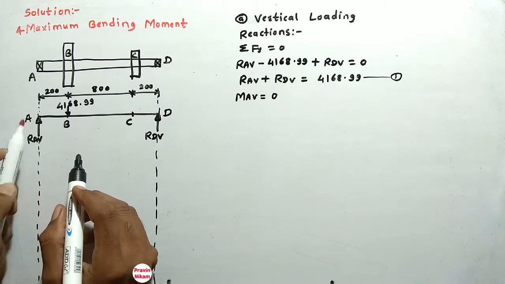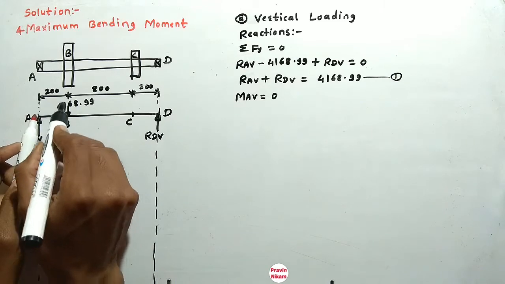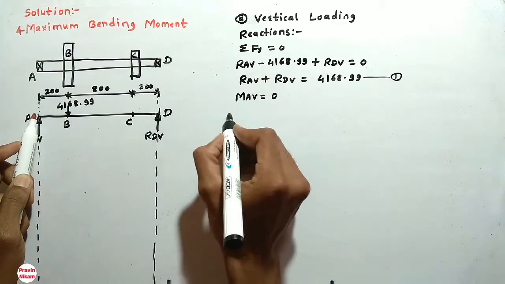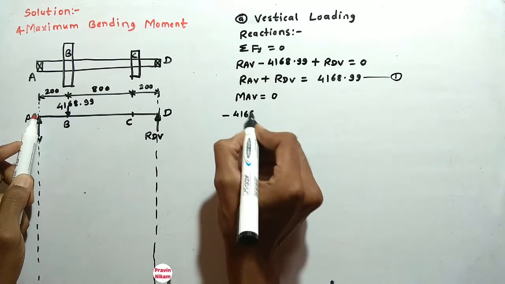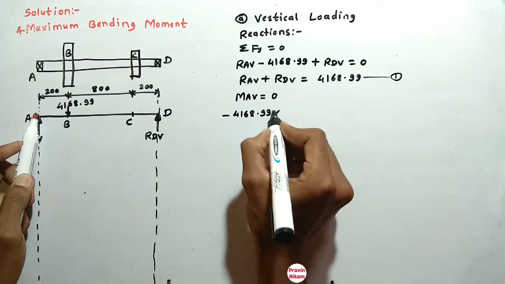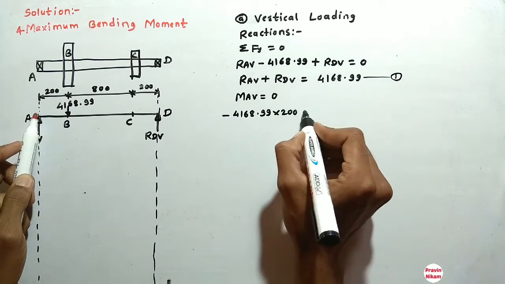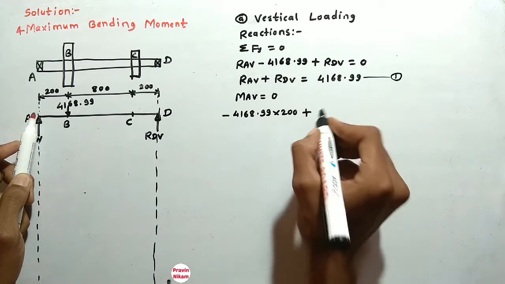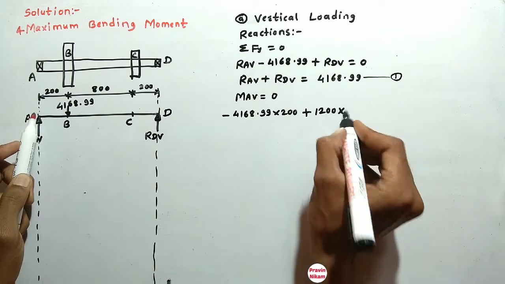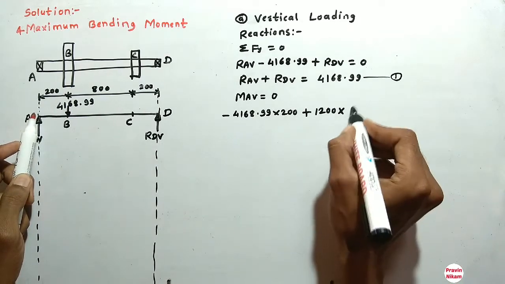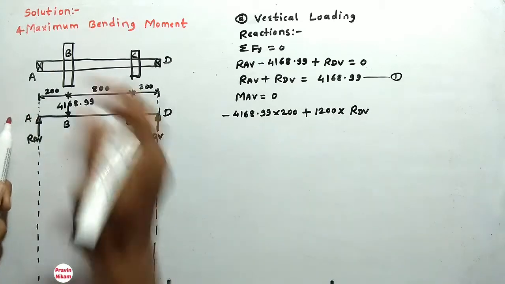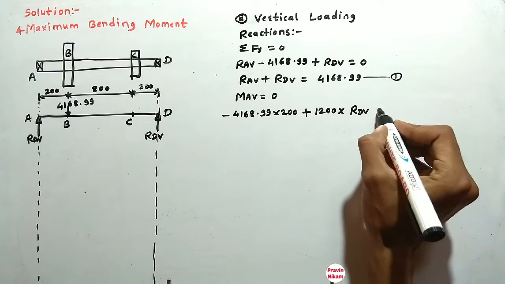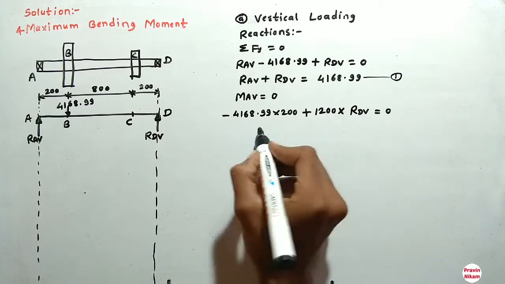Take moments at point A. So minus 4168.99 into distance 200, plus the total distance 1200 into this force RDV. This is anti-clockwise, so plus RDV into 1200, and that is equal to 0.